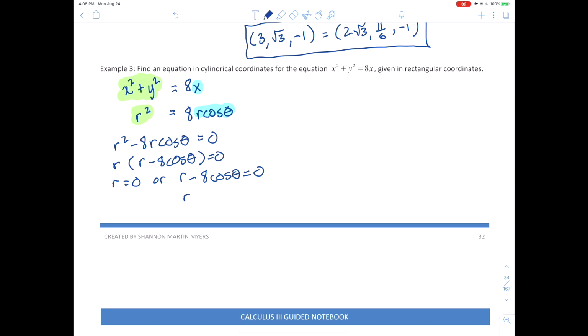Isolating r, we would get r equals 8 cosine theta, but at an angle of pi over 2 plus n pi, where n is an integer, won't we get 0 for r on this one? So we don't have to worry about that one because it's, again, included in this result here, which is our answer. Cool, cool?